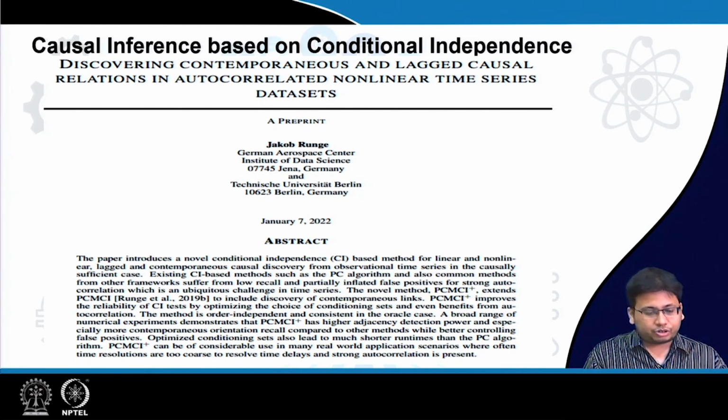A broad range of numerical experiments demonstrates that PCMCI plus has higher adjacency detection power and especially more contemporaneous orientation recall compared to other methods, while better controlling false positives. False positive, as you know, means that there is no causal relation, but your algorithm mistakenly identifies that there is a causal relation.